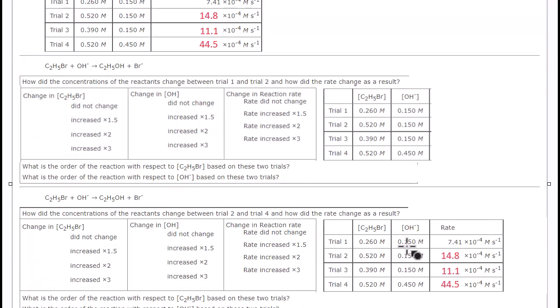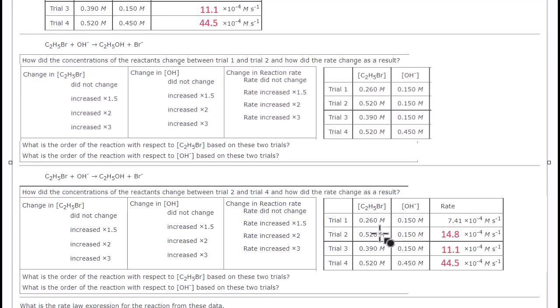Now, I've got our table duplicated here because in trial 2 and 4, the bromoethane isn't changed. That's good. We don't want to have complications with bromoethane. We want to see what's happening to this hydroxide. And here I see the hydroxide 0.15 and then 0.45.